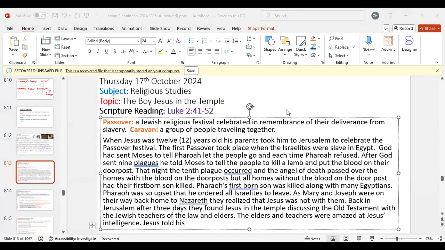Luke chapter 2, verse 49. Jesus answered, "Why were you searching for me? Didn't you know that I had to be in my father's house?"